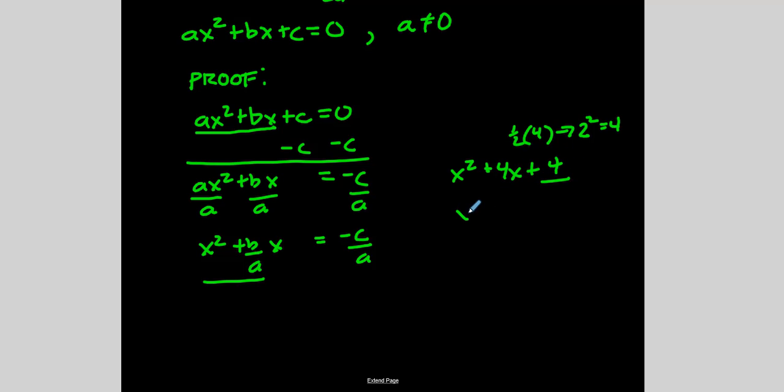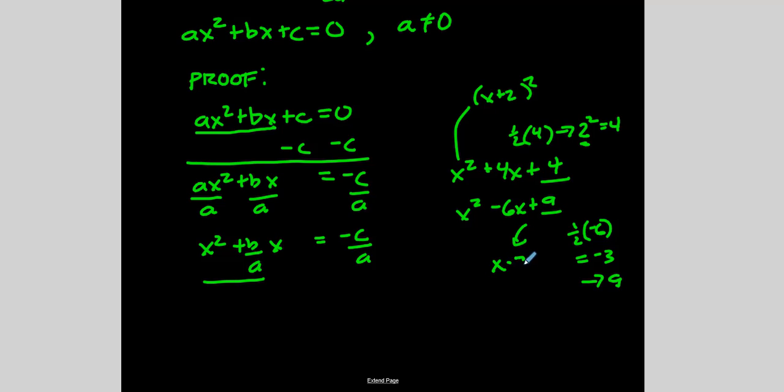If I had x squared minus 6x, I took half of negative 6, which is negative 3, and then I squared it, which makes 9, so I would have put 9 here. When I factored these as a perfect square, as a binomial squared, this was x plus 2 squared. I'm getting that 2 right there. And then this would be x minus 3 squared, and I'm getting negative 3 here.